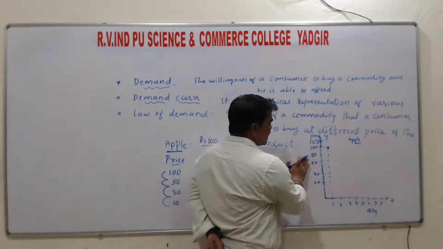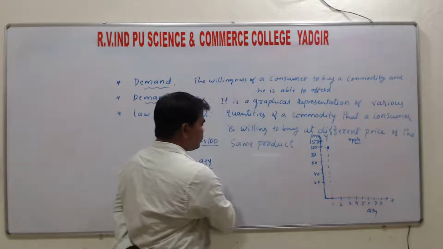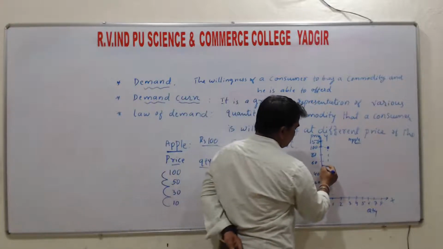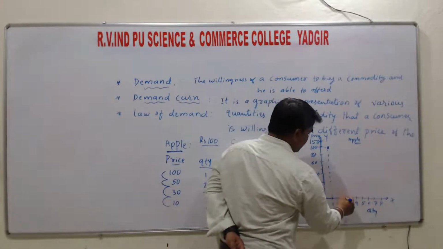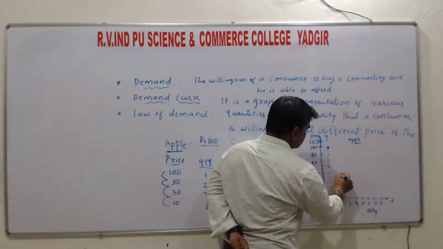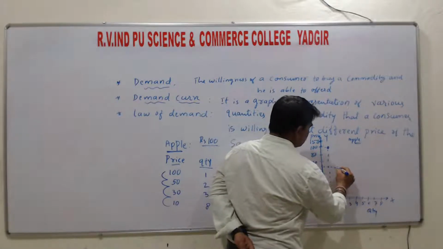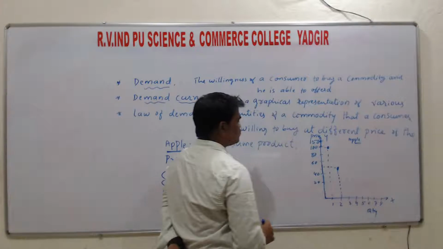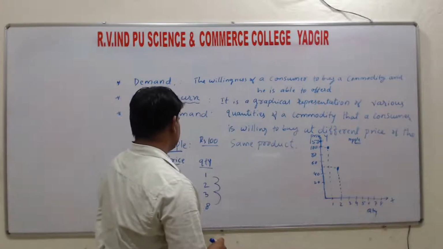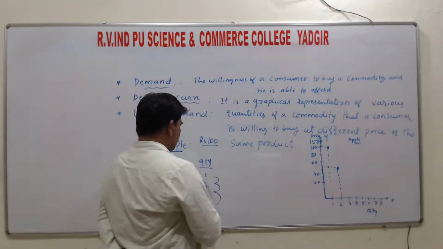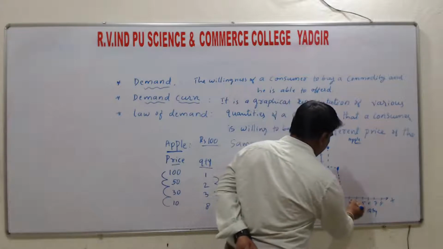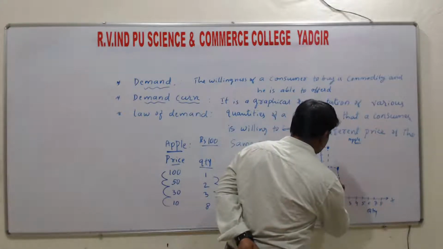If the price is less, suppose it's 50 rupees, then I can afford 2 apples. If the price is 30, I can afford 3 apples.